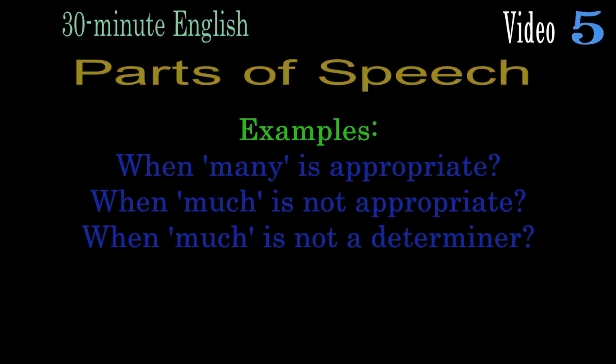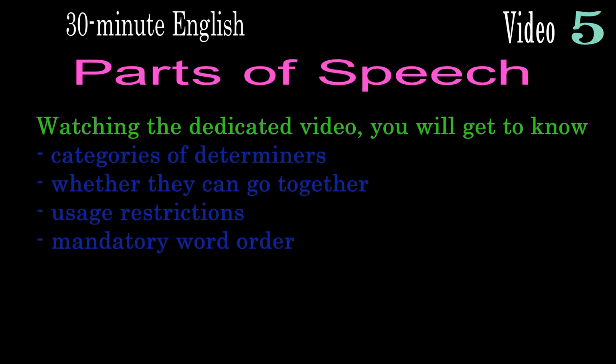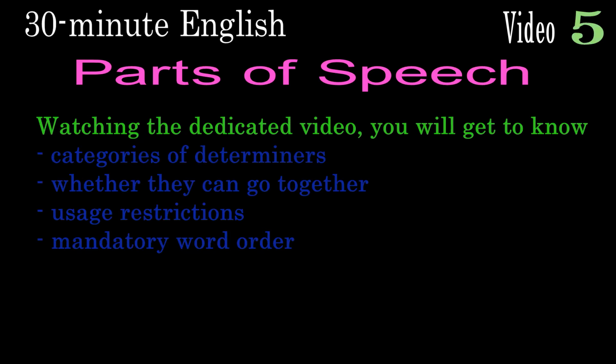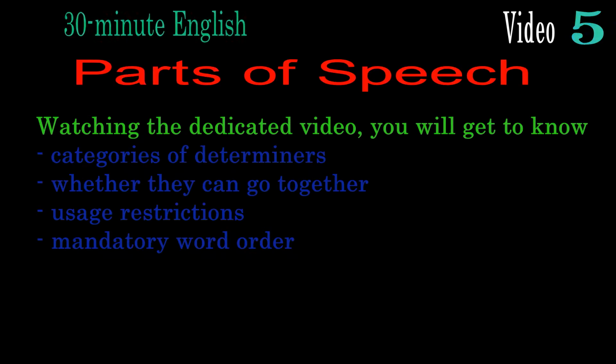Also, you need to know when many or much is a pronoun rather than a determiner. Stay with us to learn more about determinants. In the dedicated video we release very soon, you will get to know categories of determinants, whether one category can come before or after the other category, whether there are any restrictions for certain determinants, whether there is any mandatory word order with some determinants.